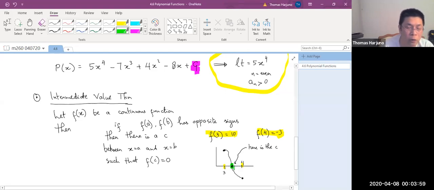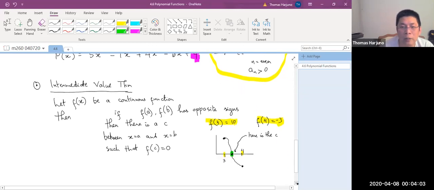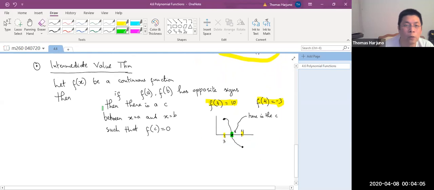Actually, the intermediate value theorem says something more general than this, but I just use the part that we will use later on. Let's call this a formal example. For example, f(x) equals x squared minus 2x minus 3.